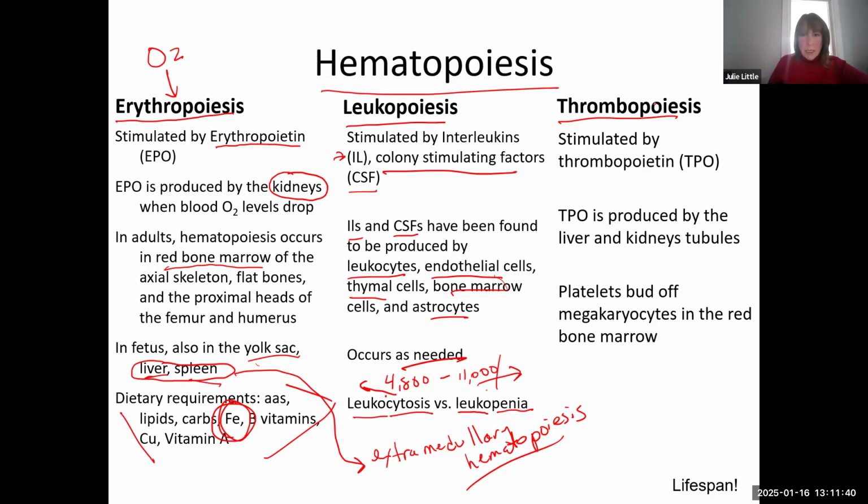Thrombopoiesis, the production of platelets, is stimulated by a hormone called thrombopoietin. Just like thrombopoietin sounds like erythropoietin, this thrombopoietin stimulates thrombopoiesis, and it's made by the liver and in the kidney tubules. We make as many platelets as we need to.